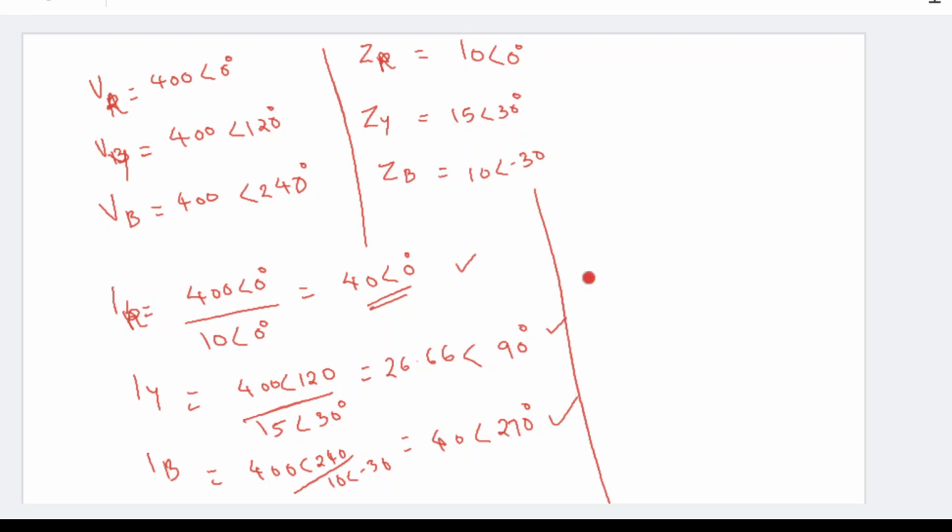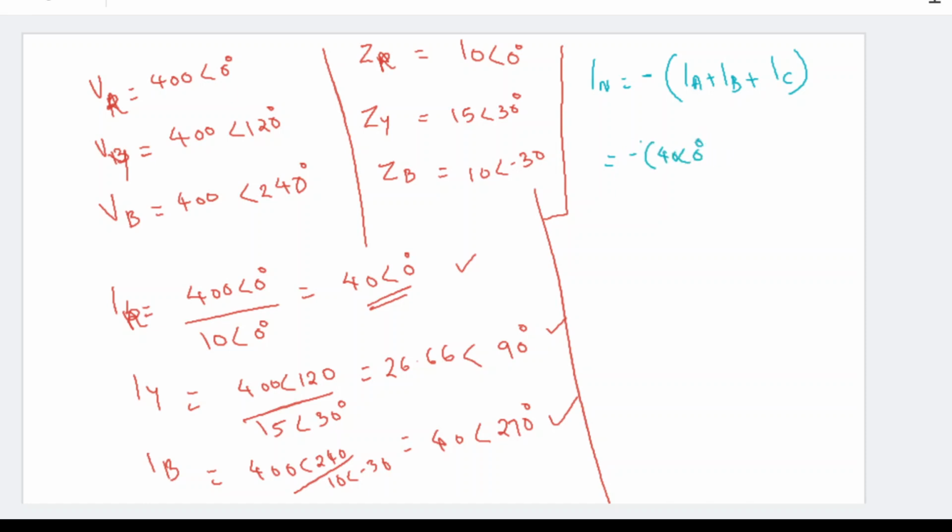Now we have to find out the value of the neutral current. Let me use some other color for finding the neutral current. So IN is equal to minus of this, because it will be in the opposite direction, minus of IA plus IB plus IC. That is the equation. So we can write it as minus of 40 angle 0 degree.